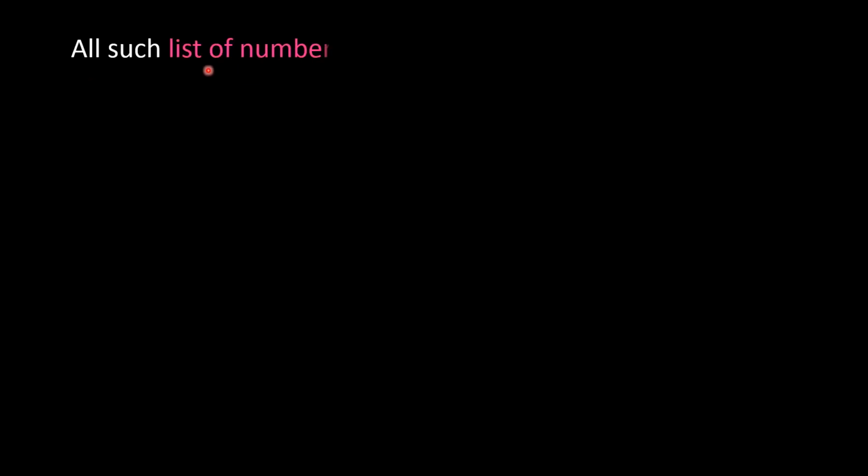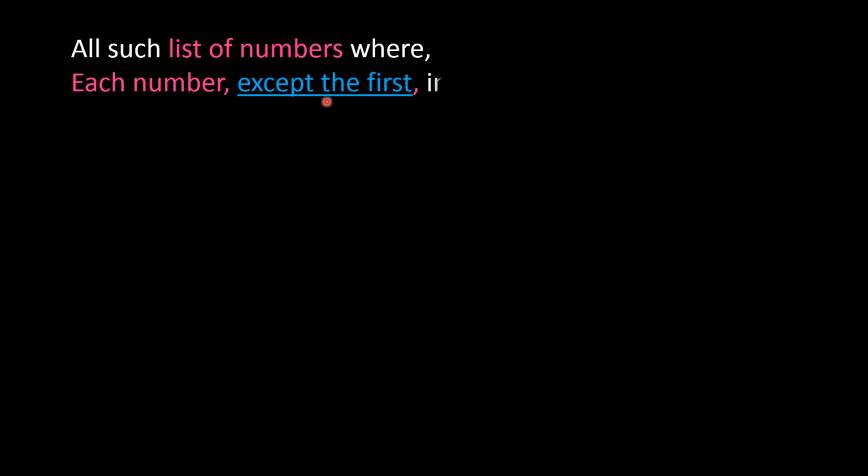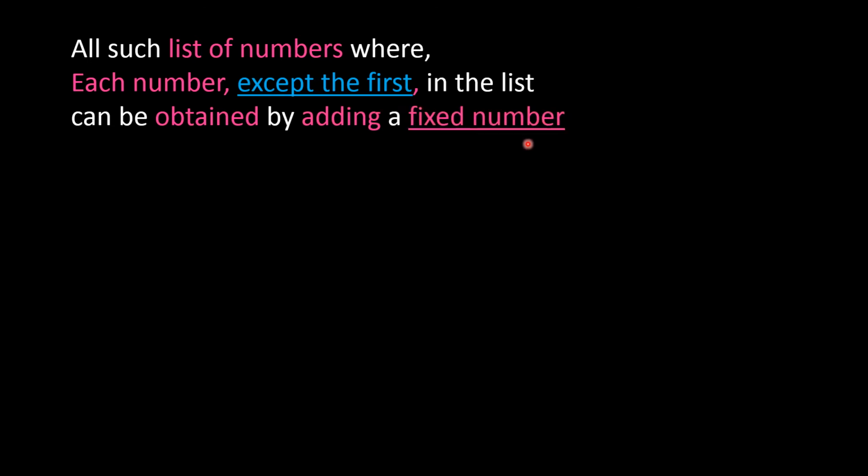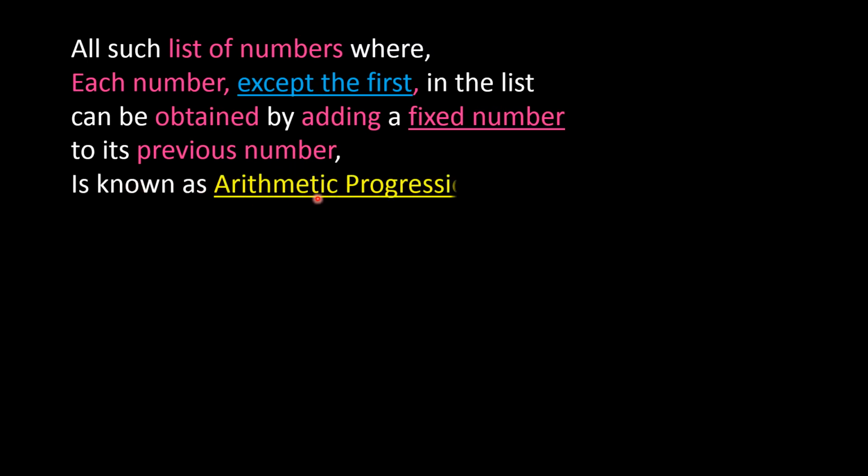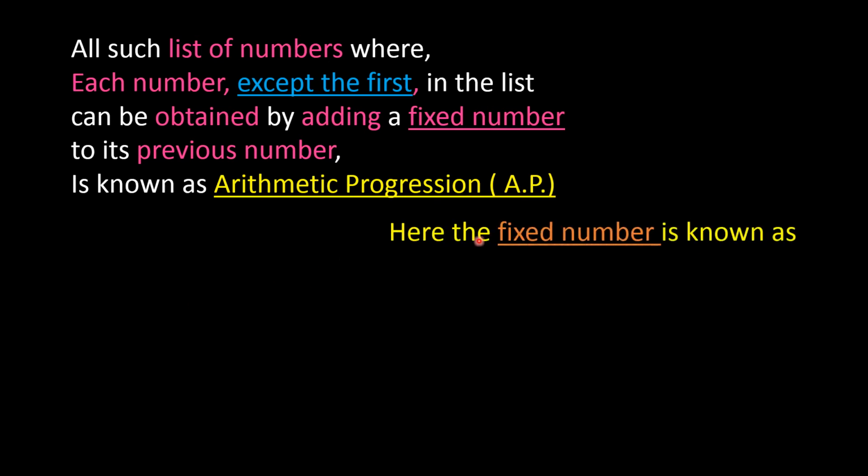All such lists of numbers where each number except the first one in the list can be obtained by adding a fixed number to its previous number are known as arithmetic progression, AP. Here, the fixed number is known as the common difference, denoted by small d.